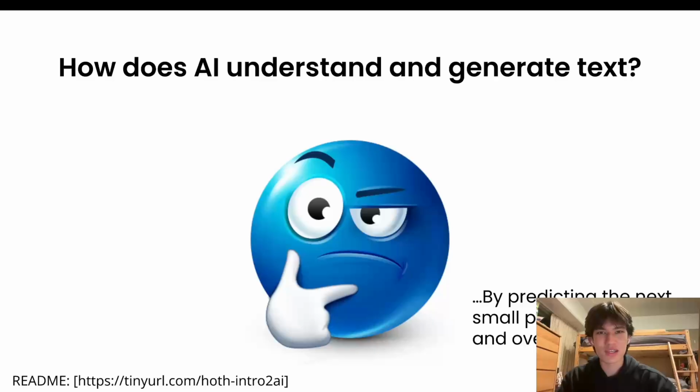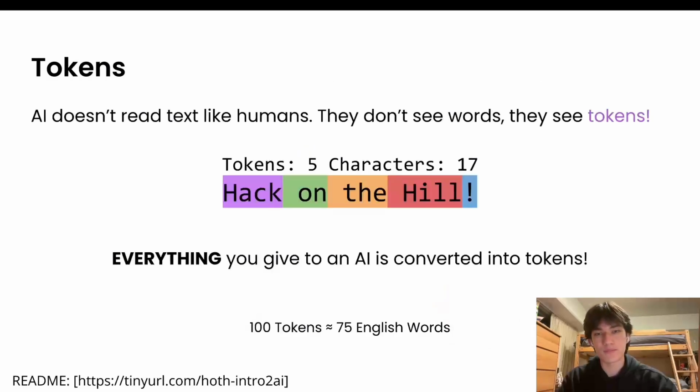But first, let's think back to talking to ChatGPT and just having a conversation with it. How can it understand and generate text? Well, it does this by predicting the next small piece of text over and over. That brings me to tokens. AI doesn't read text like humans. They don't see words, they see tokens. You see this phrase right here, hack on the hill. It's split up into 5 different tokens, even though it's 4 words, right?